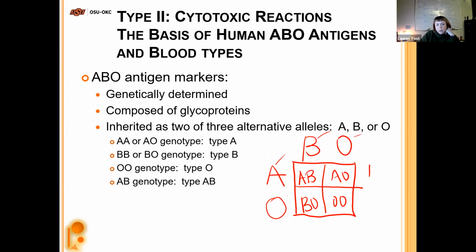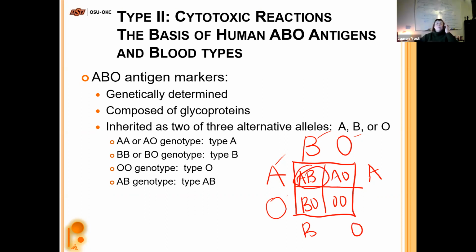So if it's AO, O is recessive, so the phenotype of what you would see would be expressed as A. So AO is A and BO is B. And we just put this as O. So AB is its own thing.